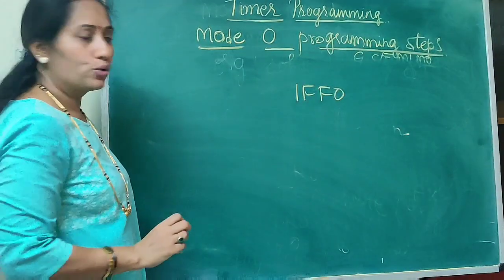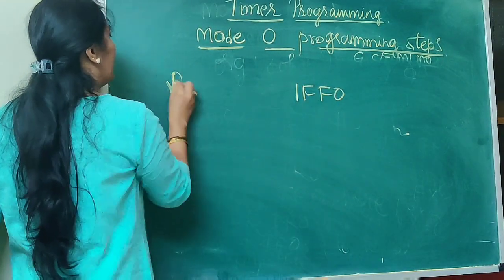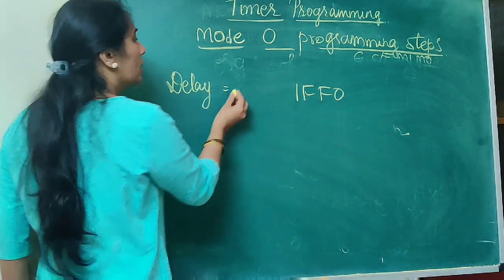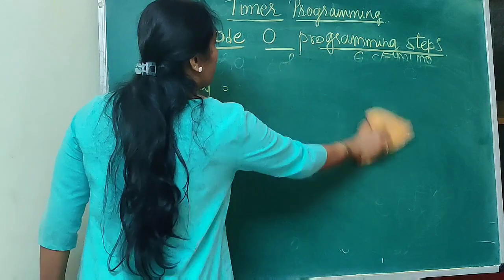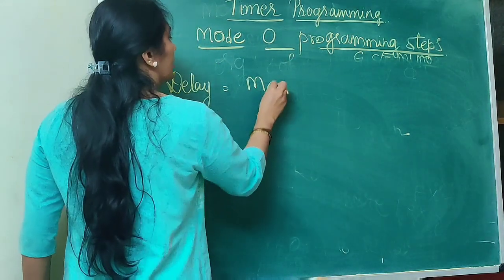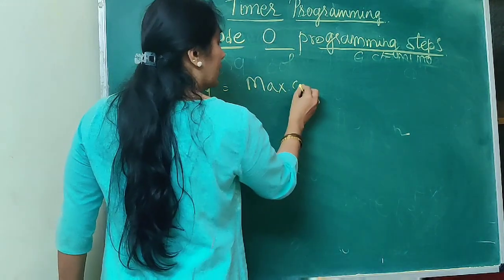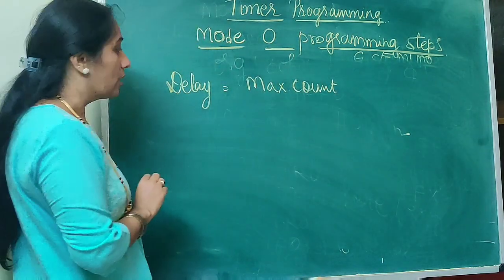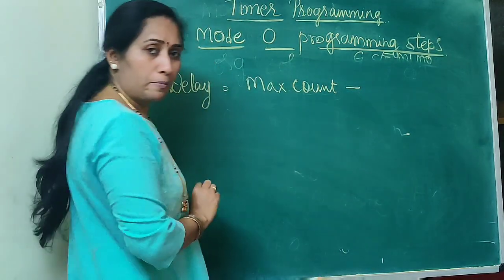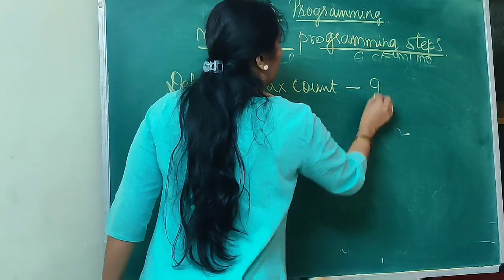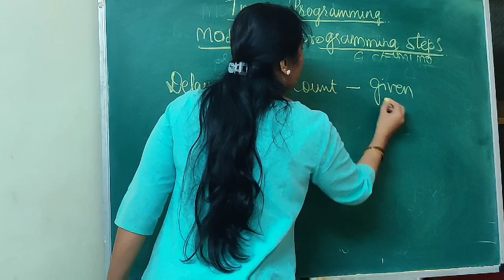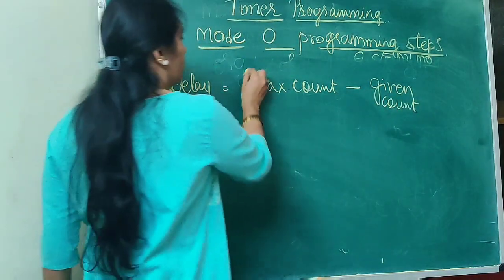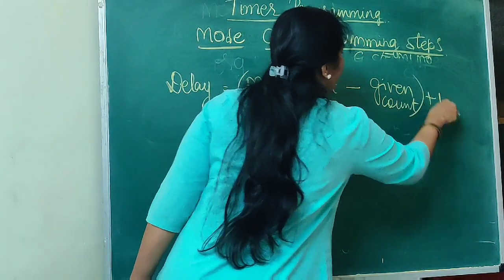So to calculate the delay produced, you have to take the maximum count, whatever the maximum count is in that particular mode, minus the given count, whatever I have loaded in TL and TH. Then you have to add 1 to this.